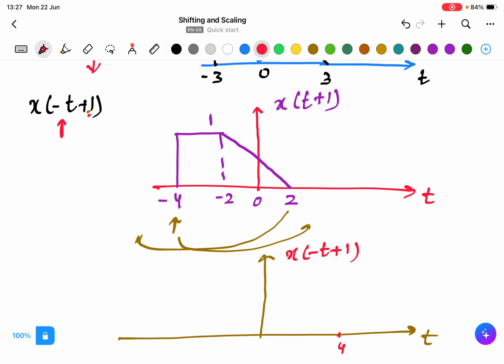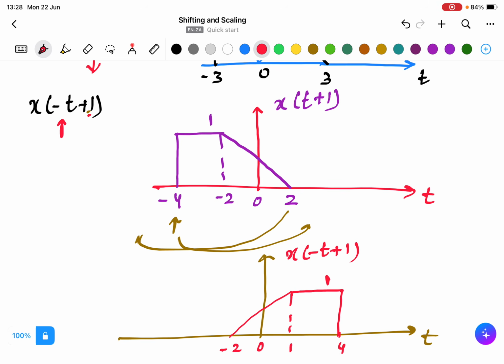So basically it will be four, it's going up to 1, and this will be equal to -2, 0. The amplitude remains the same.